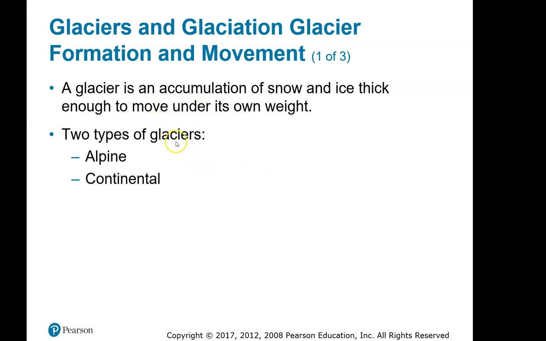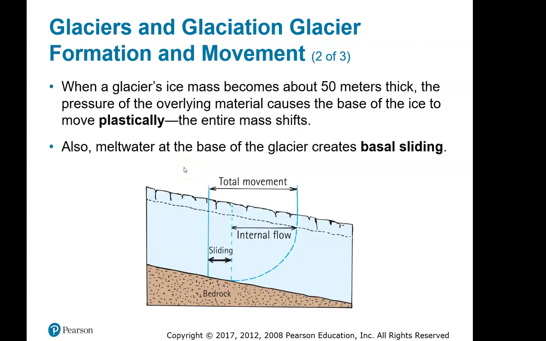Usually, for something to be considered a glacier, you're talking about 50 meters thick or more, usually much more. You have this huge block of ice, like a frozen river. The glacier's mass has to be at least 50 meters thick, and it moves like a plastic.